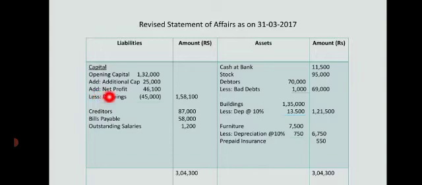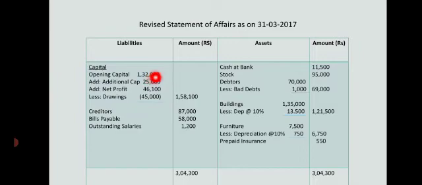We have already worked out a net profit of rupees 46,100. From this you are supposed to deduct drawings during the year, 45,000. So the closing capital for the proprietor is 1,58,100. Let me read once again.